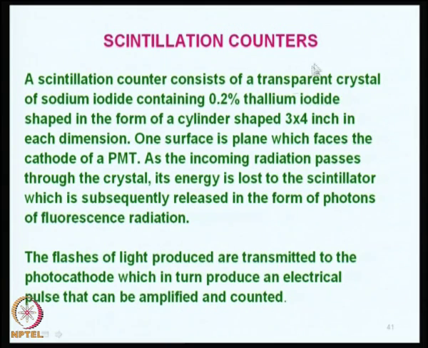So, scintillation counters are another type of detector, where we use a sodium iodide crystal containing 0.2% thallium iodide shaped in the form of a cylinder, about 3 to 4 inches in dimension.